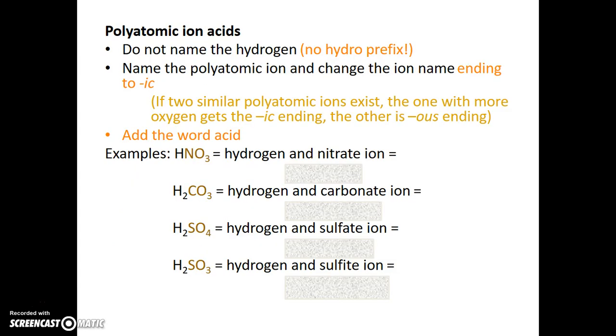For the polyatomic ion acids, even though hydrogen is at the beginning of the formula, we do not put hydrogen in the name. The acid name tells us the formula starts with hydrogen. Then we name the polyatomic ion, and again, the ending is ick because acids are icky.